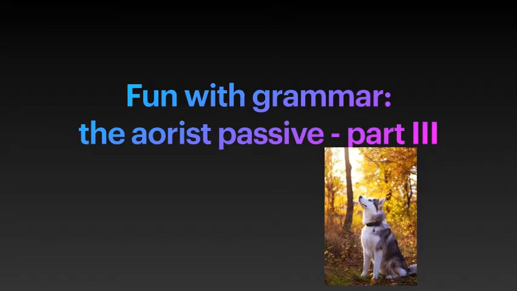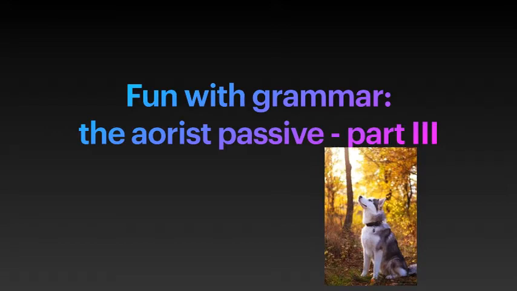Okay, now this might be a part that you're looking forward to with a great deal of dread, and that's quite fine. Today we're going to do the aorist passive. The reason there might be dread is because you think you've come across the aorist with two parts.